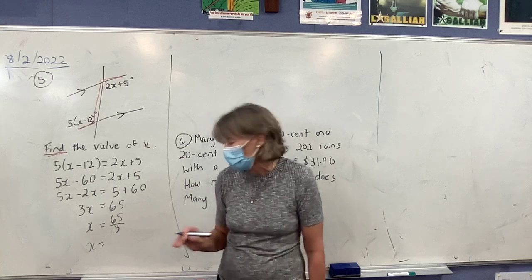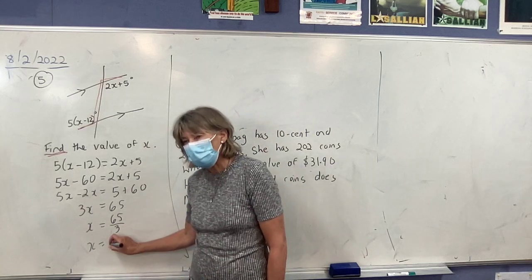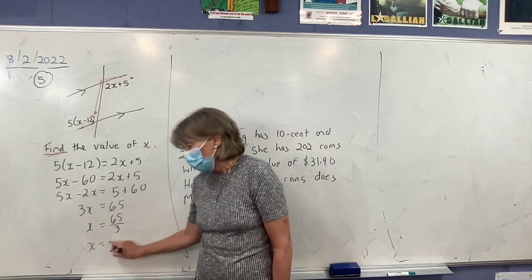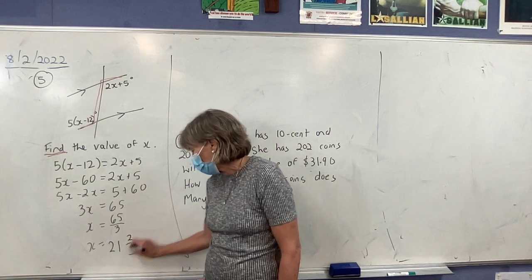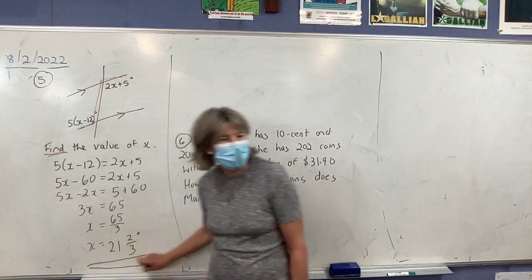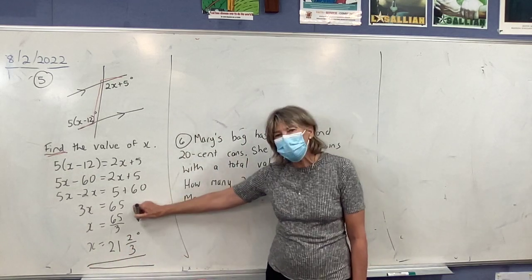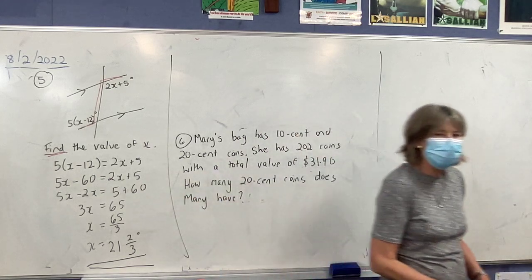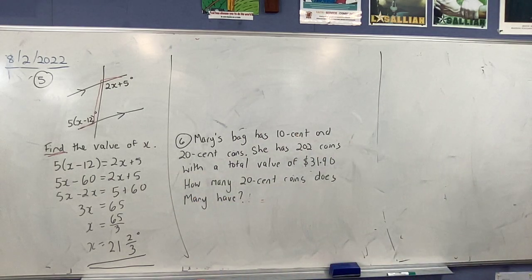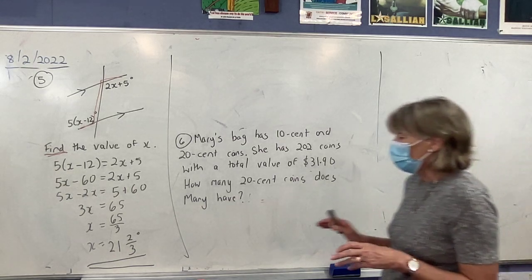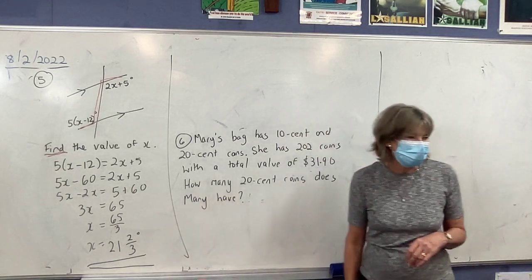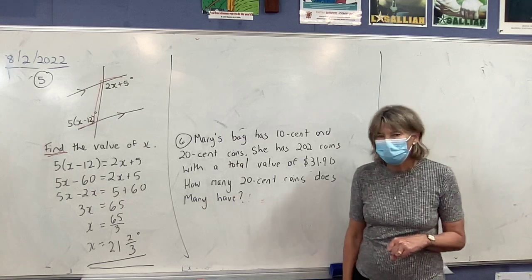Have you done that? And then the mixed numeral is 21 and 2/3, and we're going to write degrees on it because we are talking about an angle here. So in that case, you won't leave it as an improper fraction, because whoever says, oh yeah, that angle's 65 over 3 degrees. So if it doesn't make sense with an improper fraction, take it to the mixed numeral. Any questions? Okay.